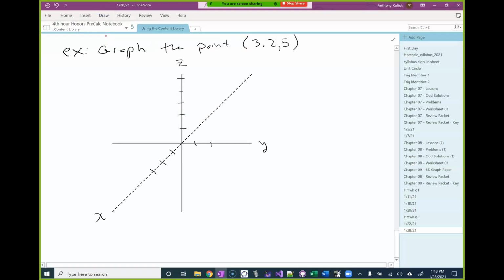Okay. And now basically I'm going to start by drawing a square on the xy plane. So I'm going to start on the positive x-axis, and draw a line that's parallel to the y-axis. And then I'm going to go to positive 2 on the y-axis, and draw a line that's parallel to the x-axis.